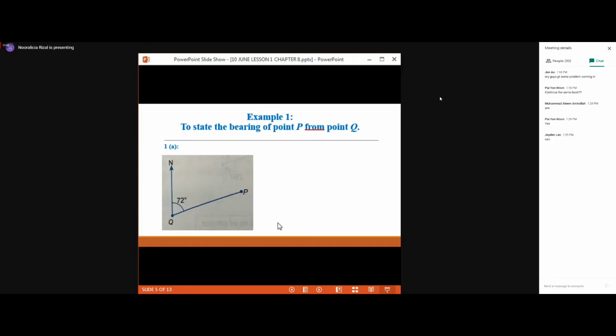Can you please write down your answer, bearing of point P from point Q, before I pick a person to write down the answer in your chat room here? All right, who's the lucky person? Can I see who's here? I'll start from the middle people. All right, Nigel. Can you type out the answer, bearing of P from Q? What's your answer?